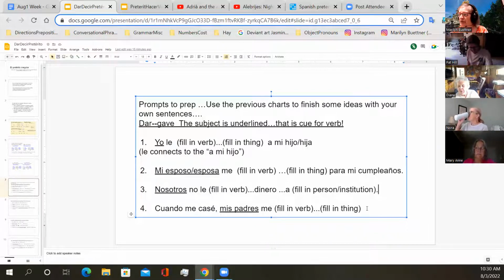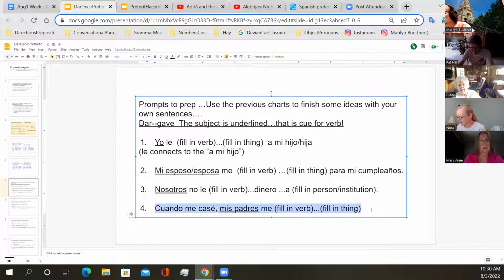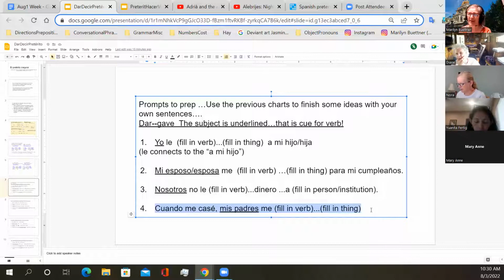Ok. Y 4. Cuando me casé, when I got married. Mis padres, my parents gave something to me. Cuando me casé, mis padres me dieron muebles. Furniture. Cuando me casé, mis padres me dieron muebles. Bien.